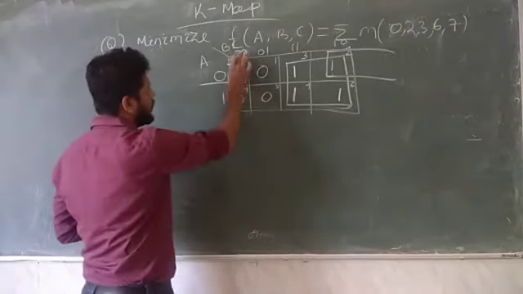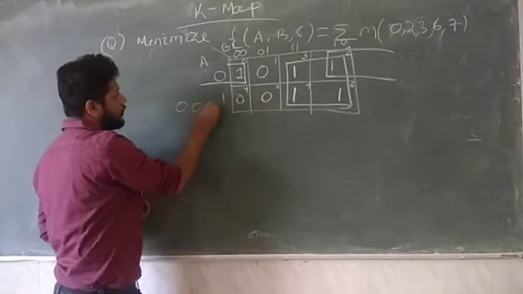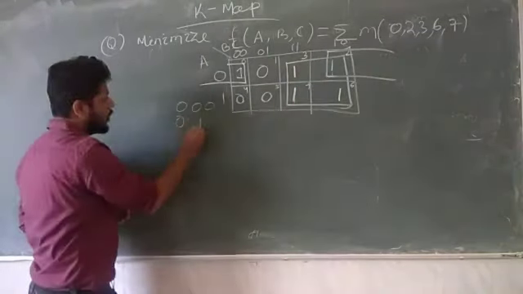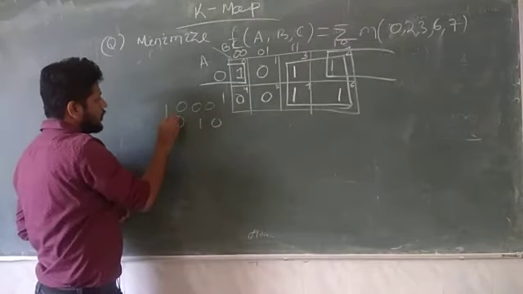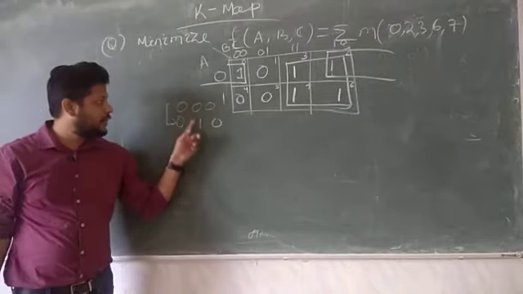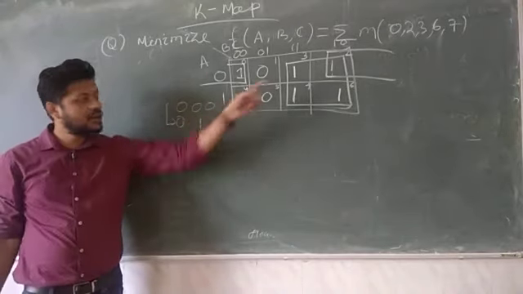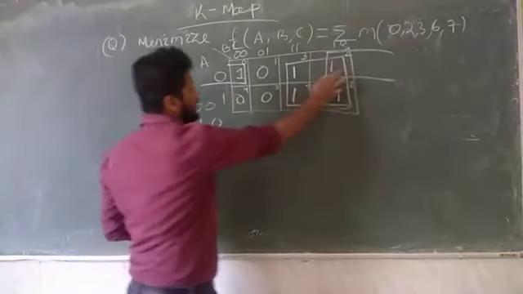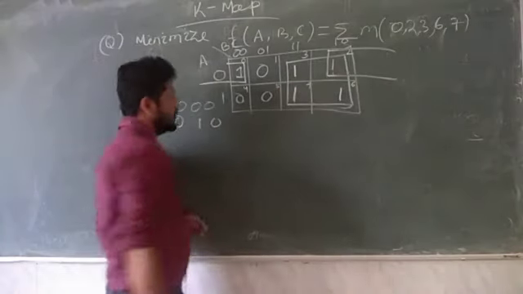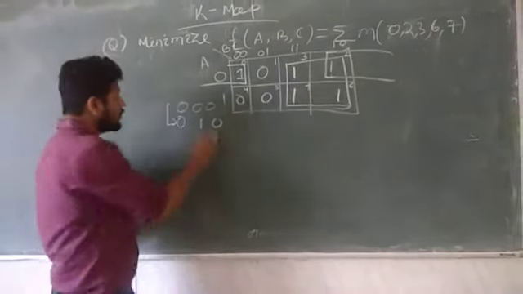Because this cell number is 000, and this cell number is 010. They differ by only 1 bit, hence these cells are adjacent cells. This cell and this cell are adjacent, and this cell and this cell are also adjacent.